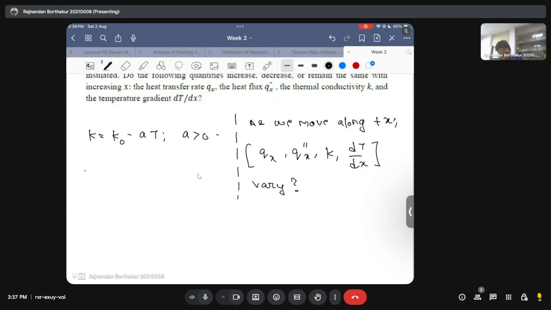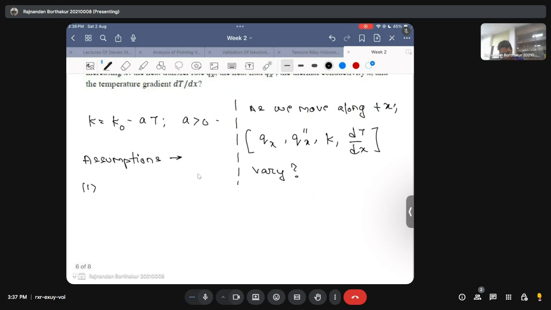So the second thing is we'll see the assumptions. The first assumption is, so it's straightforward that your heat transfer is one dimensional.